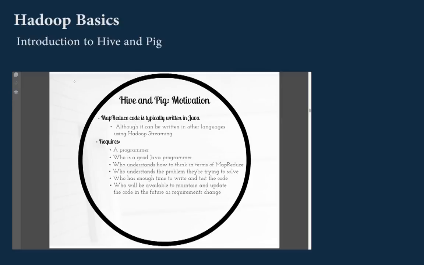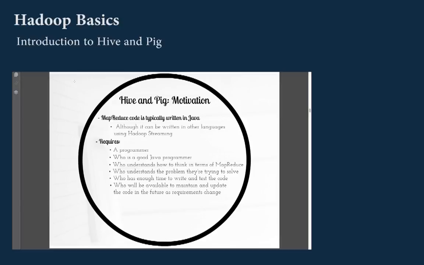For writing a MapReduce program, you need a good programmer, who's good at Java, who understands how to think in terms of MapReduce, understands the problem that we are trying to solve, has enough time to write the code and test it, and who will be available to maintain and update the code in the future for us.